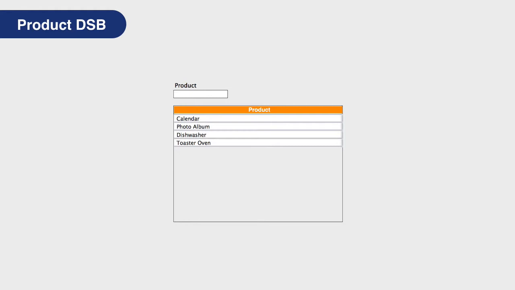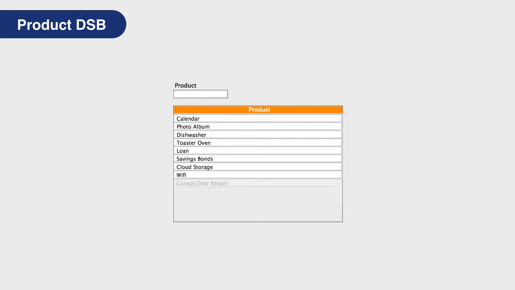Products for finance-related applications might include loan and savings bonds. Internet-related product examples might include cloud storage and Wi-Fi. Examples of services might include repairs or upgrades, such as garage door repair or bathroom remodel.